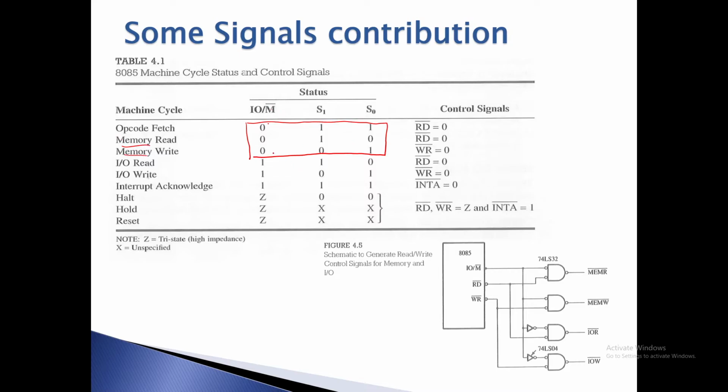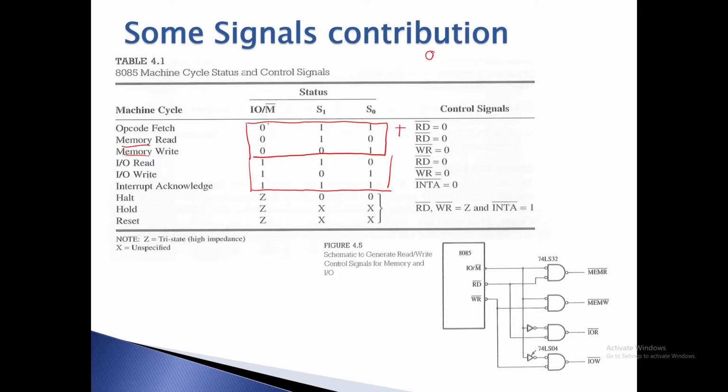And when we are communicating with the input-output devices, we have to keep it at logic 1. Apart from this, we can see the S0 and S1 condition: when both are 1 and RD bar is 0, the opcode will be fetched.